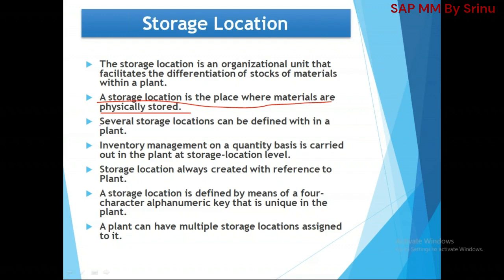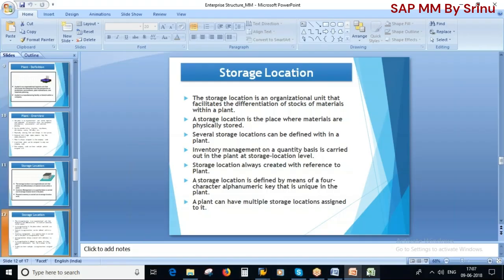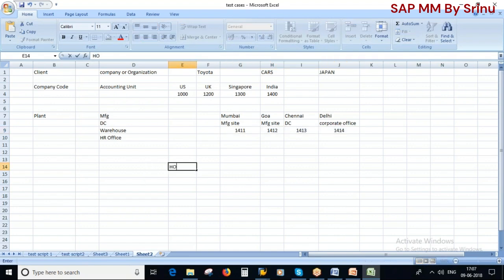Several storage locations can be defined within a plant. I'll tell you a simple example. Let's say you take your house. In the house, where will you keep salt, pepper, sugar, cooking oil? Kitchen. Why do you keep them in the kitchen?